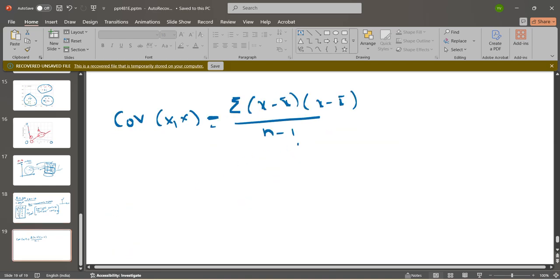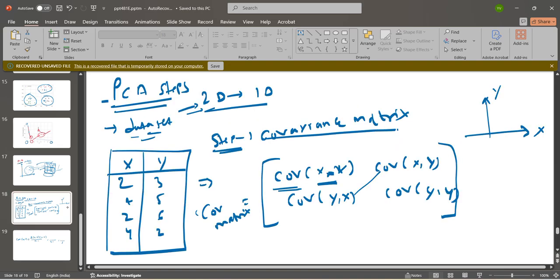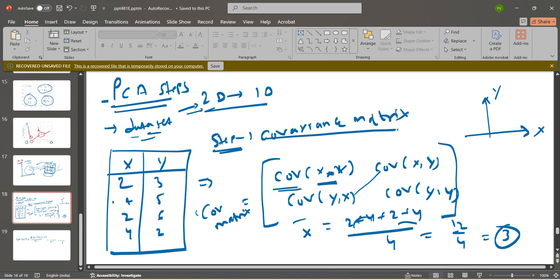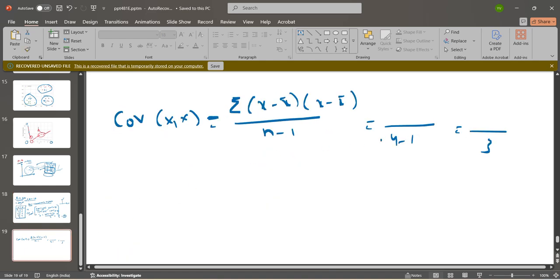So we get 4 minus 1, which is 3, as the fixed denominator. And what is the value of x bar? X bar is simply the mean: 2 plus 4 plus 2 plus 4 divided by 4. 6, 6, 12 divided by 4, that is 3. This is x bar.